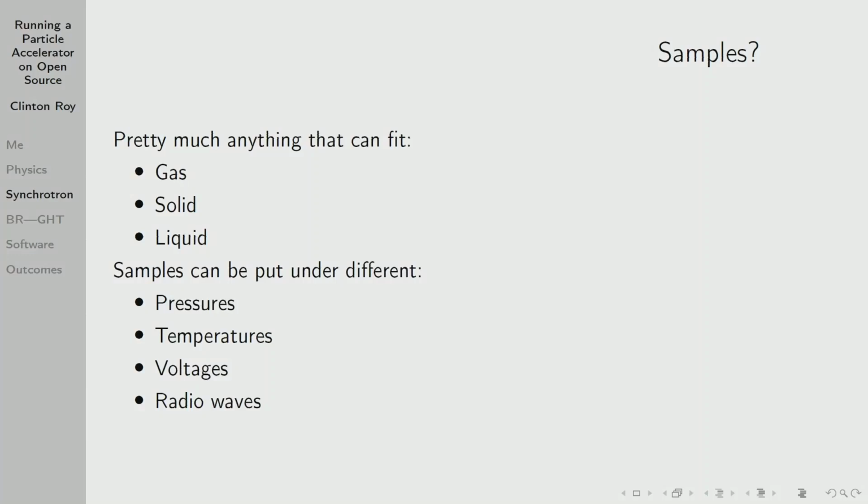Depending on the beamline, samples that you can bring can be essentially anything: gas, solids, liquids, paintings, lots of archaeological stuff, which is always very cool. You can put them under pressure, you can heat them up, you can run gases over them, you can put them in magnetic traps, you can apply voltages. Anything that the users can think of that we think is safe, they can do.